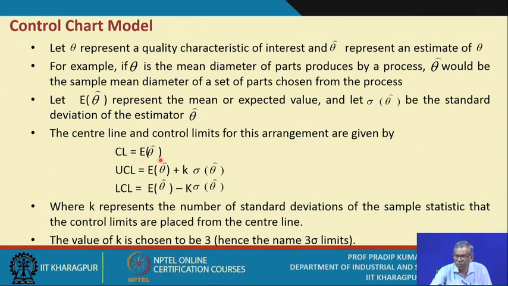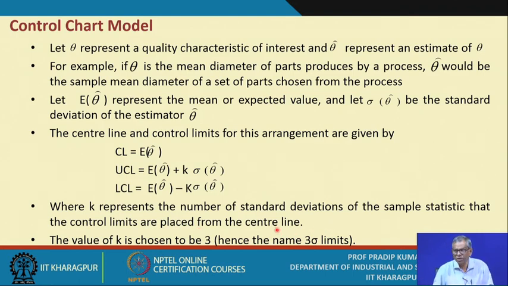That is the expected value of theta hat. The upper control limit is the expected value plus k times sigma theta hat, and similarly the lower control limit is the expected value of theta hat minus k times sigma theta hat. Here small k represents the number of standard deviations of the sample statistic that the control limits are placed from the central line.